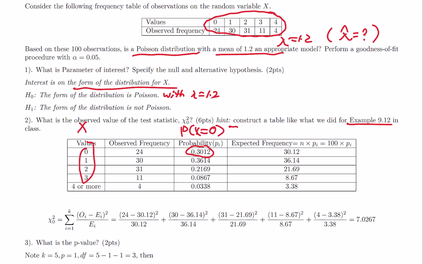And then by the Poisson formula, we have e to the power negative lambda, 1.2, then 1.2 to the power k, here k is 0, and then divided by 0 factorial.